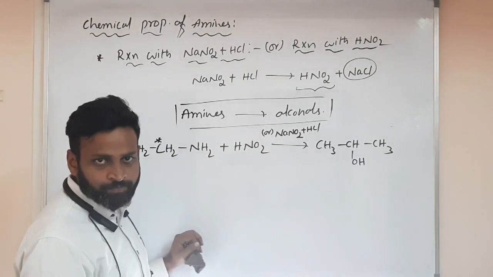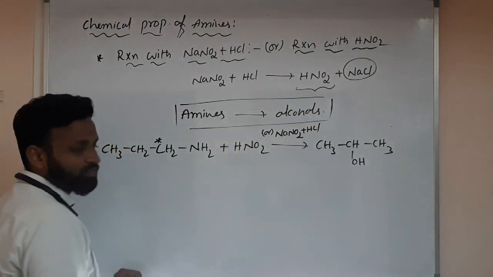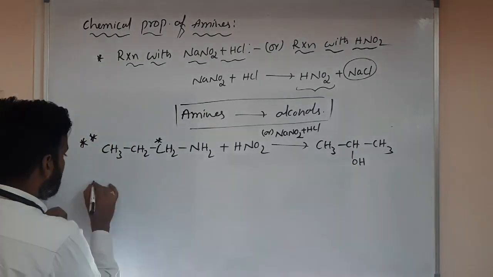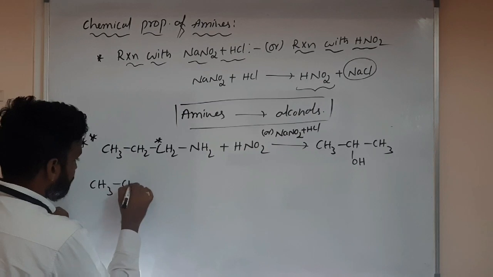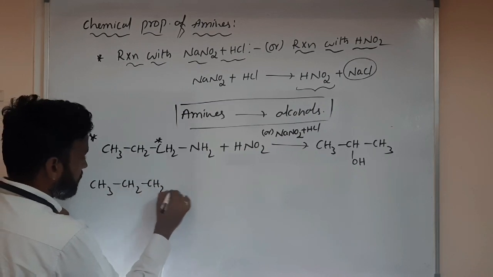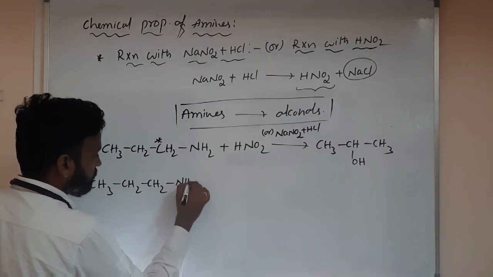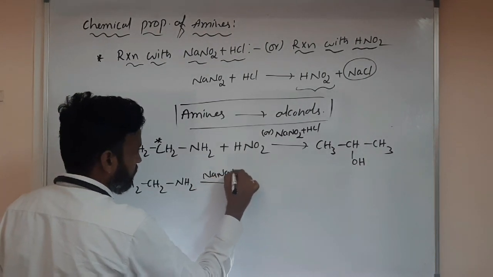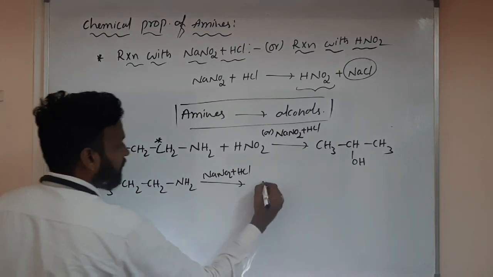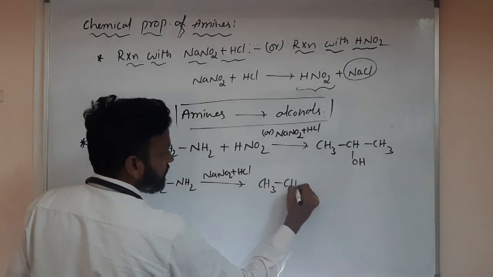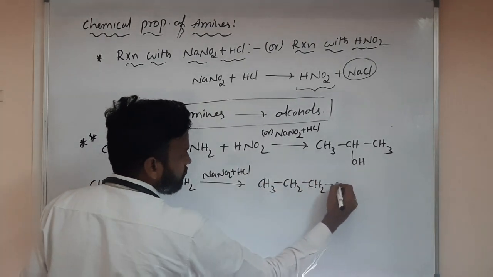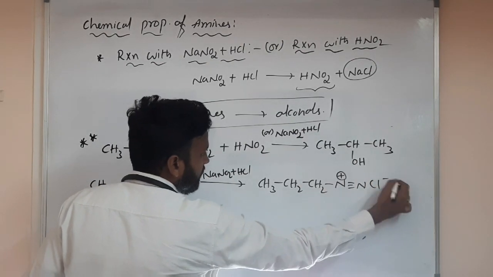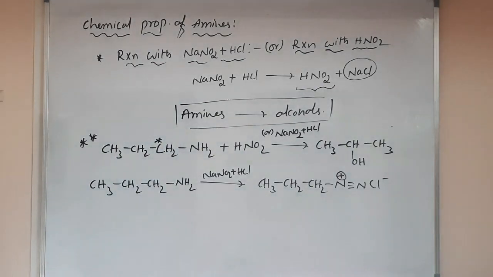Like we discussed previously, hydride shift and methyl shift happen to give a more stable carbocation. Let's see what happened. For CH3, CH2, CH2, NH2, when reacted with NaNO2 plus HCl, first CH3, CH2, CH2 and triple bond N plus and Cl minus will form.